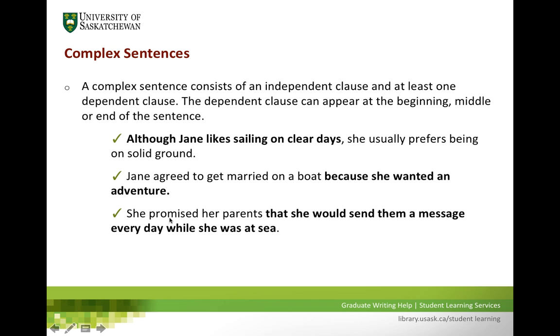Both are joined to the independent clause, she promised her parents. So that's just a brief review of simple, compound, and complex sentences, and they are all punctuated a little differently, which is why I wanted to review the sentence structure of these sentences.